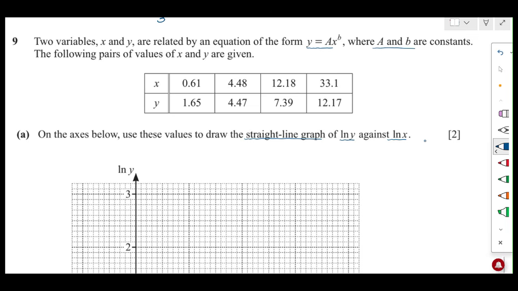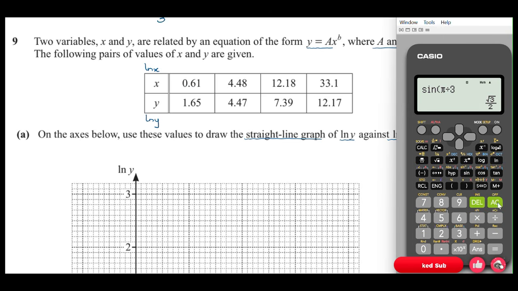So apply the natural log on everything, right? So we do natural log of x here and natural log of y over here. Okay, so what is natural log of 0.61? Natural log of 0.61 is minus 0.49, about minus 0.5.